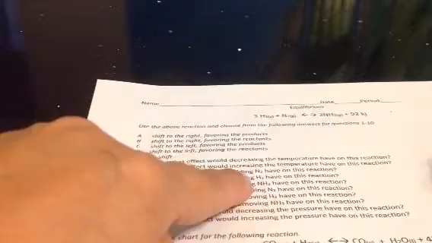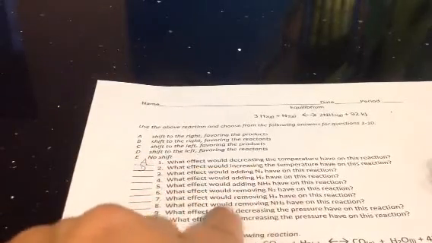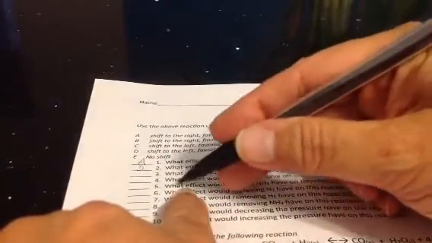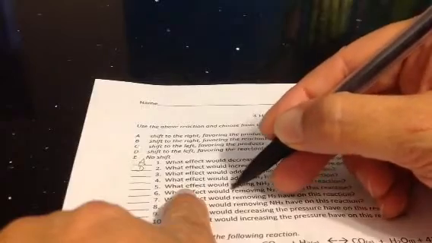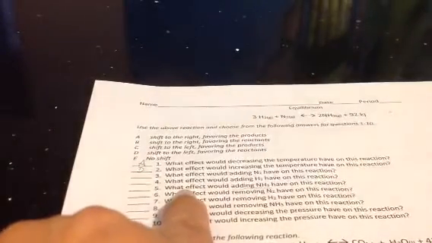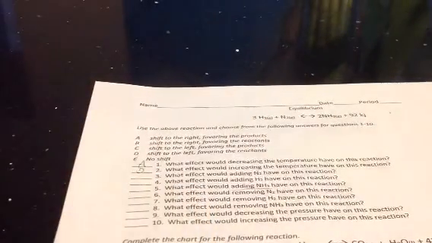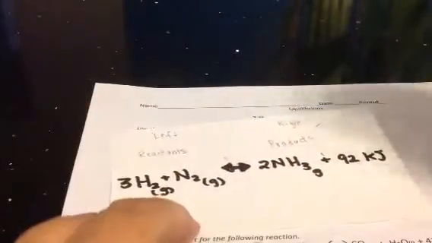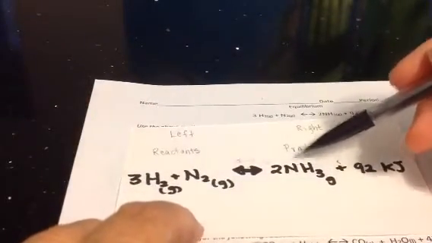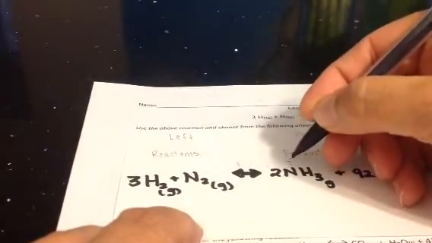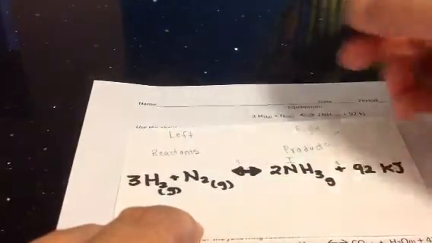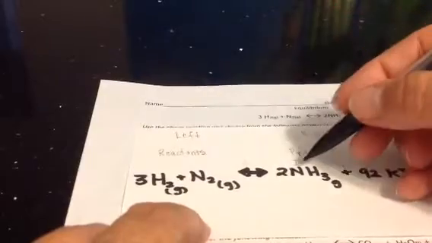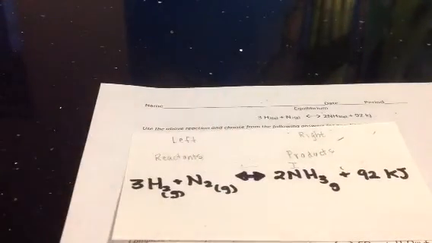Now we're going to do a couple of these, and then we're going to skip ahead to pressure. So let's just randomly pick. What effect would adding NH3 be? So I go to where NH3 is on my equation. What's adding mean? Adding means an increase. Then I go to the spot in the middle and I do what I'm supposed to be doing for an increase.